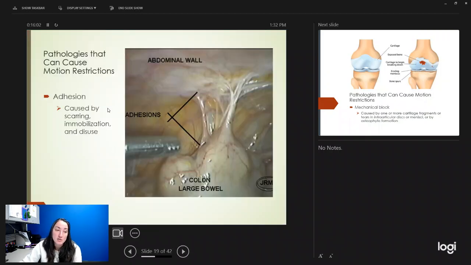Here is an adhesion. It can be caused by scarring, by immobilization, by not using the area, and it kind of glues the two structures together. I think this is just a beautiful example. What I'm reminded of when I think of an adhesion is when you were little and you put glue in between your fingers and held it there till it dried, and then you tried to pull it apart and it just came apart a little bit, but you could see those little connections between the two.